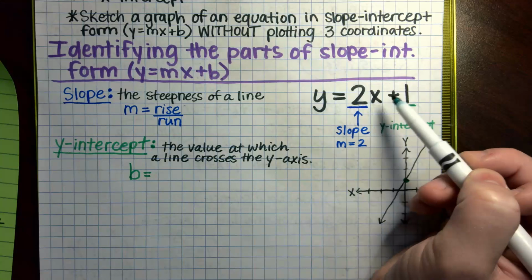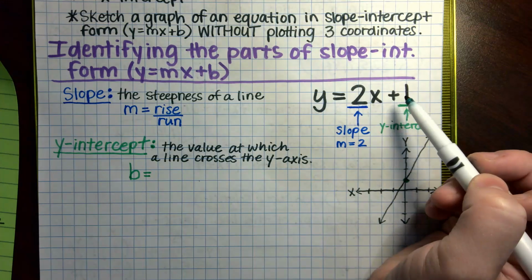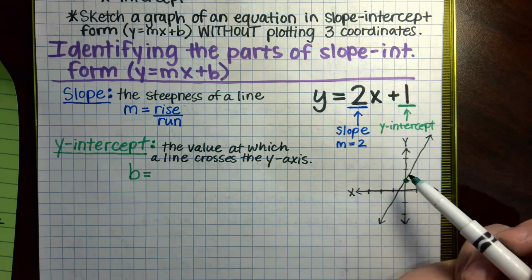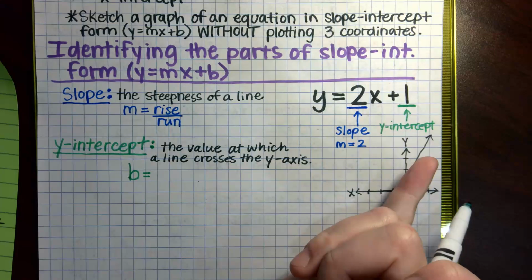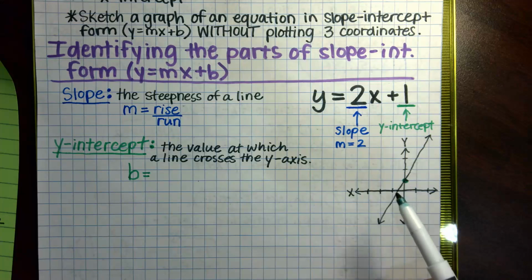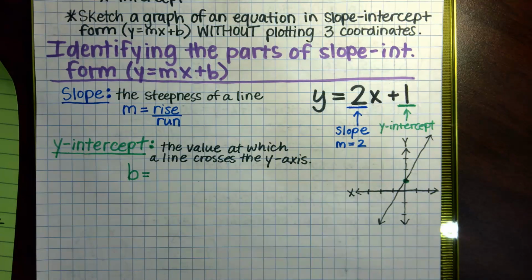But this plus 1, that b, is going to tell us how high up we need to move the line. And that's going to be where it crosses the y-axis. I apologize, I feel like I'm not giving this explanation much justice. I would love to give you a better, more thought out answer. But for now, the best thing I can tell you is it's just what they named it when they created math.